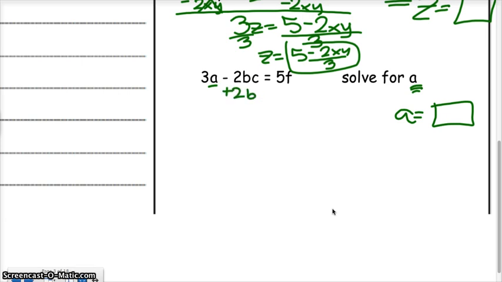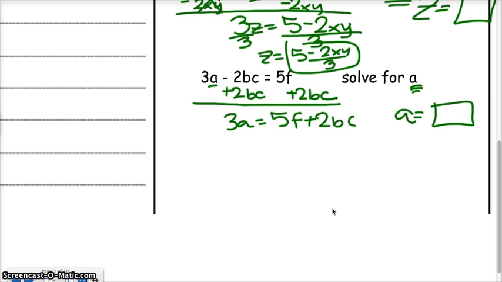Plus 2bc, plus 2bc. 3a equals 5f plus 2bc. Divide through by 3. A equals 5f plus 2bc all over 3. I am done because a is alone.